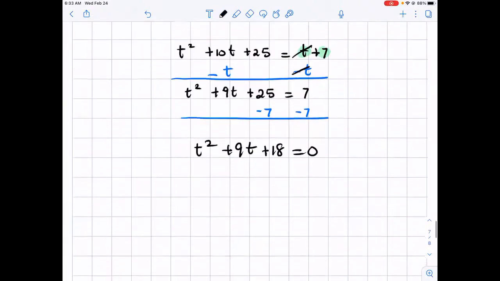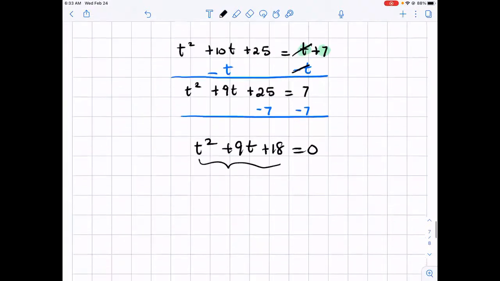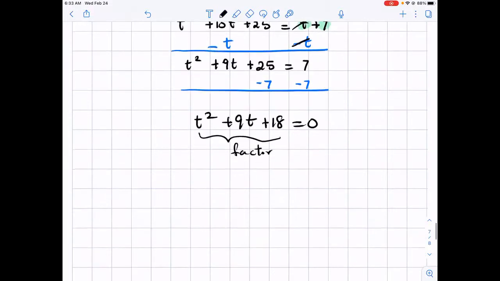Okay. And now to solve this, here we have to factor. Well, sometimes it can't be factored, but this one can. And we'll come to different topics when it can't be factored: use the quadratic formula or completing the square. So by factoring this, we have t plus 3 and t plus 6 is equal to 0.